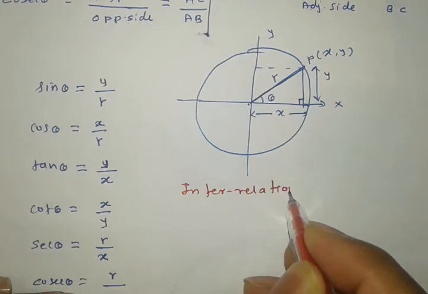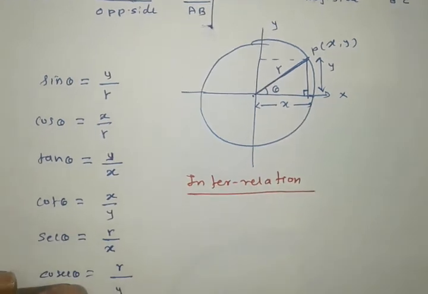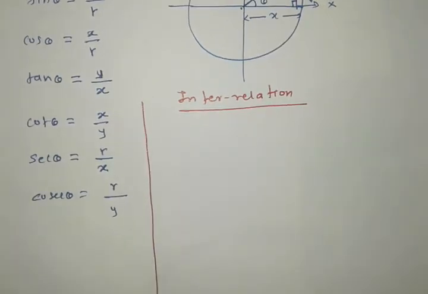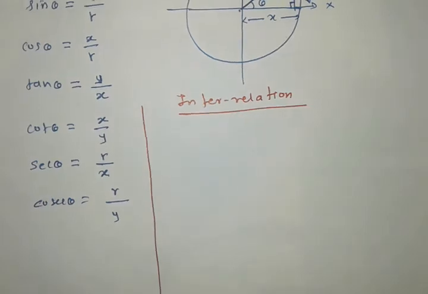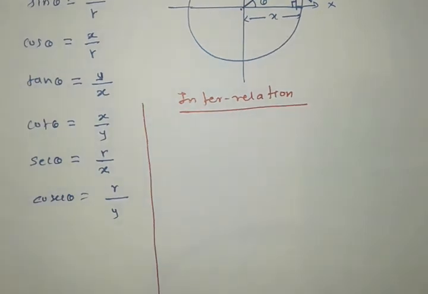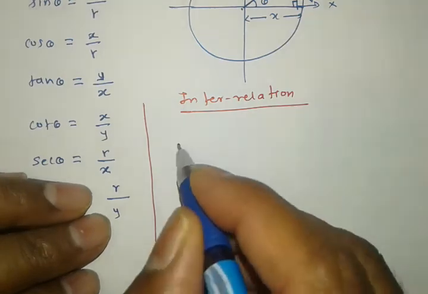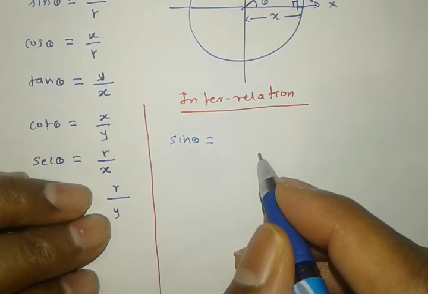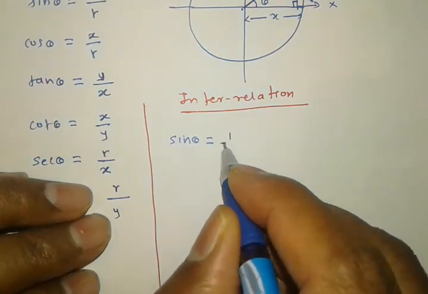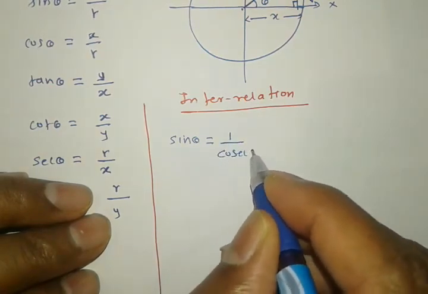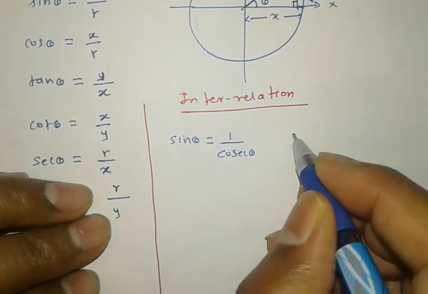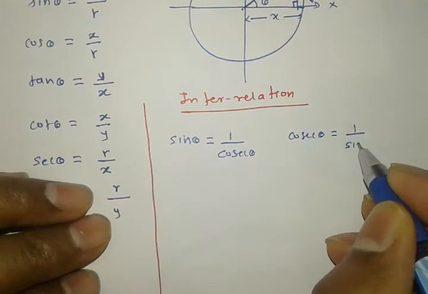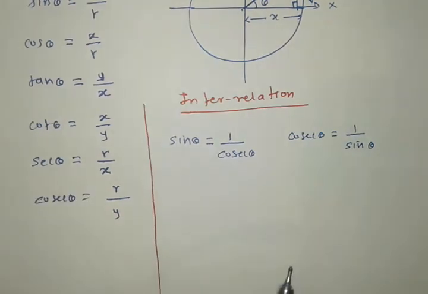Interrelations. Regarding interrelations, as first, sin theta is equal to 1 upon cosec theta, or cosec theta is equal to 1 upon sin theta.